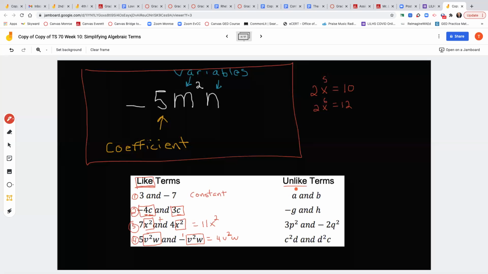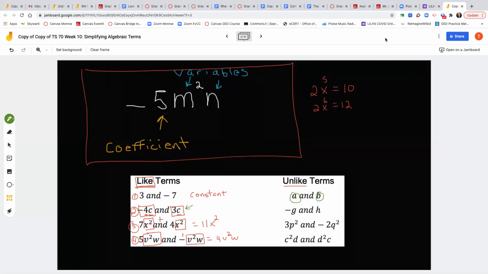Now let's look at some examples of unlike terms, and that maybe will help illustrate it even more. A and B are unlike because they are different variables. You'll notice over here we had c on the left, c, same variables, they're like. But now we have different variables, so they're unlike, which means I can't combine them, especially if I was adding things together.